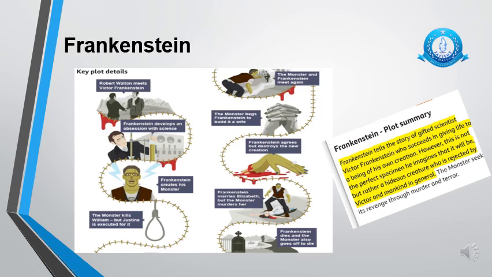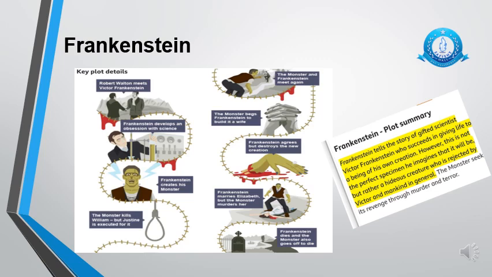The monster and Frankenstein then meet again. The monster begs Frankenstein, who is the creator of that monster, to build it a wife. Frankenstein agrees but destroys the new creation. Earlier, he agrees, okay, I will create a mate for you, but then he destroys that creation.